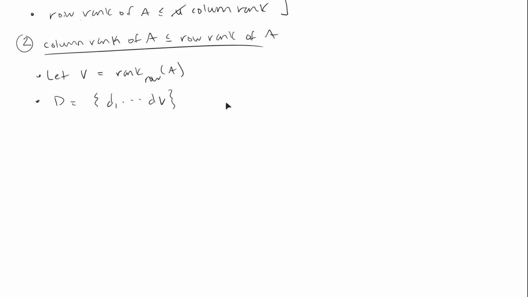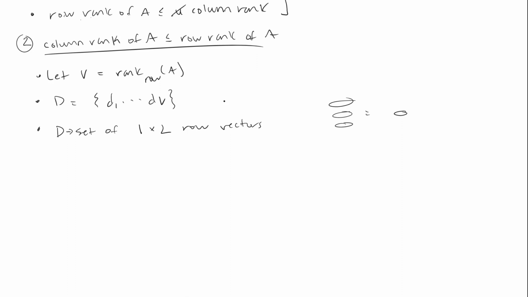And so D is a set of 1 by L row vectors, right? Imagine these row vectors. Linear combinations of them are going to produce another row vector.